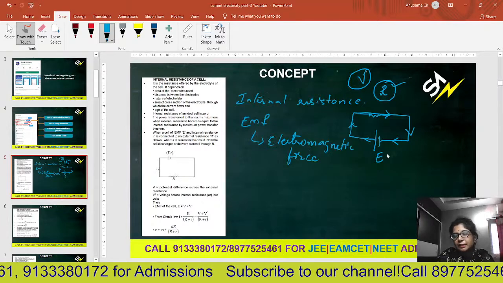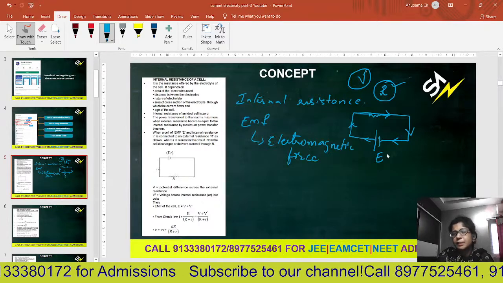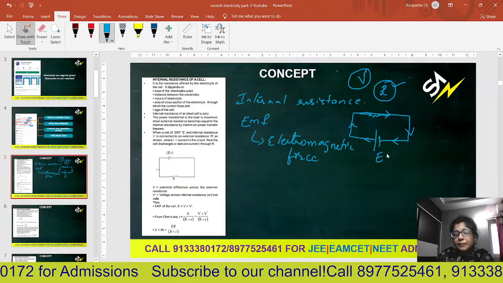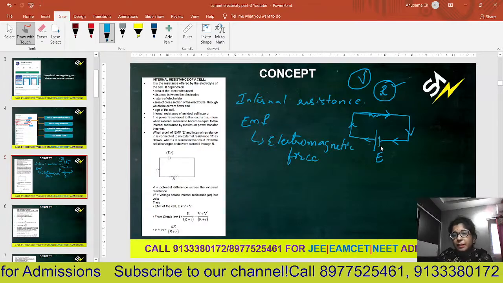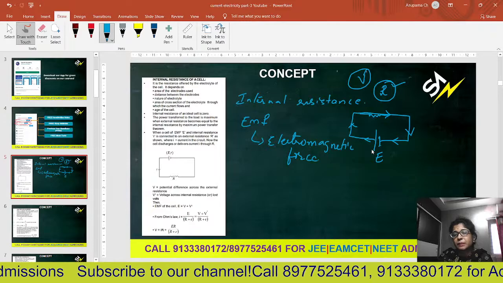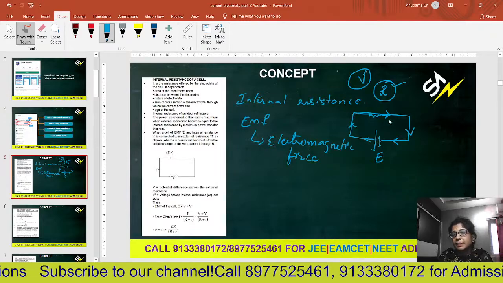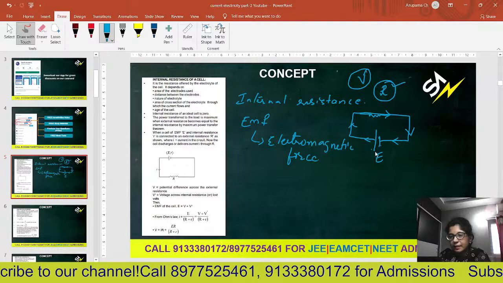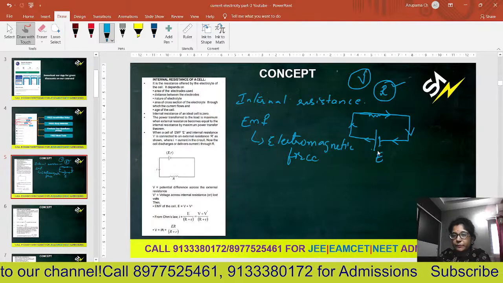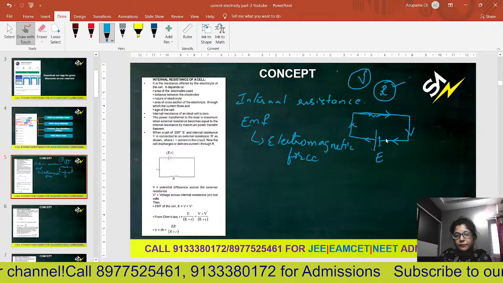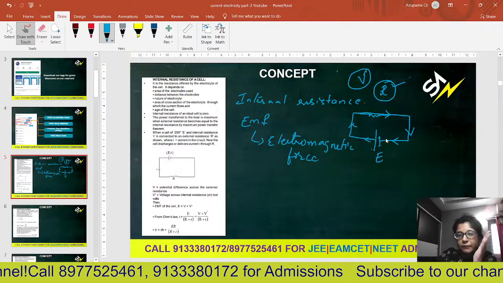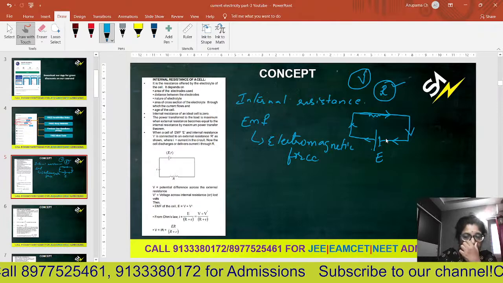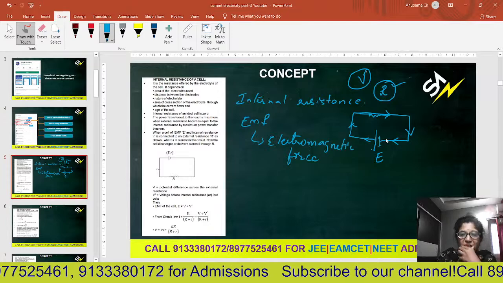EMF is the work done to bring the electrons from the negative terminal to the positive terminal of the battery. Outside, the current flows from positive to negative. Inside the battery, electrons flow from negative to positive, in the opposite direction of the current.